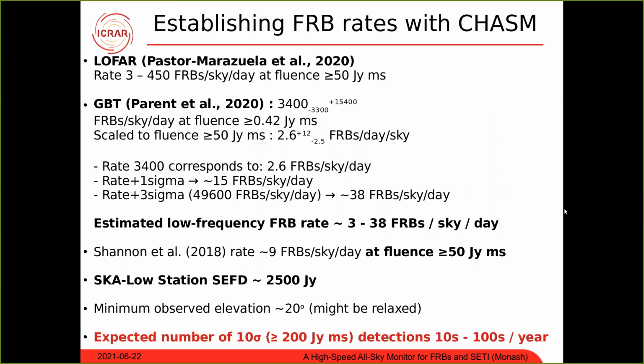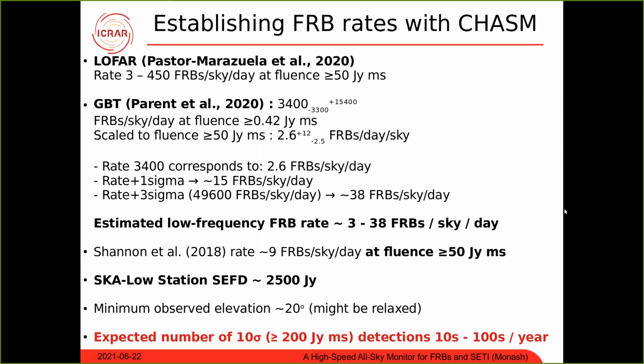So in the end, what we predict to see with this is based on the current rates from recent low frequency detections by LOFAR and GBT. Based on this, I can estimate that the low frequency FRB rate is between 3 and 38 FRBs per day per sky. As you can see, these FRB rates are highly uncertain, and one of the things that we could really do with this system is to establish these FRB rates very well.